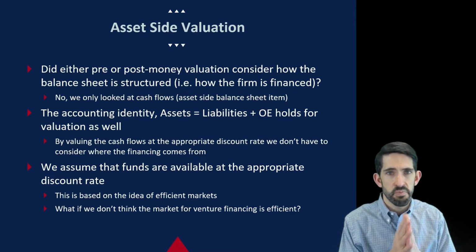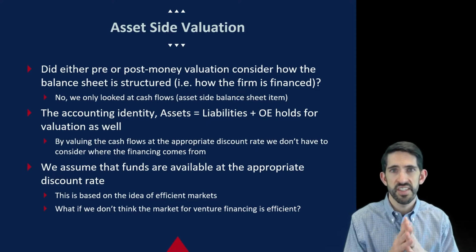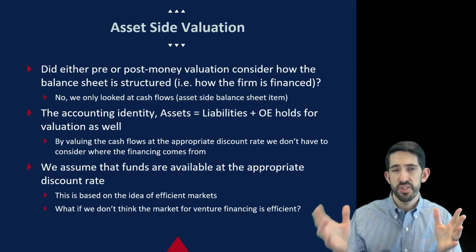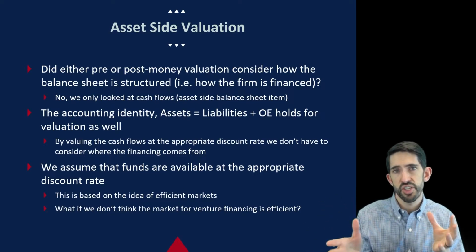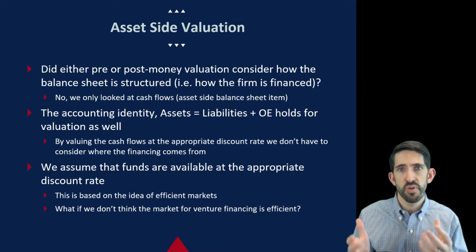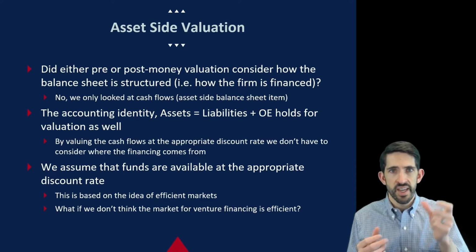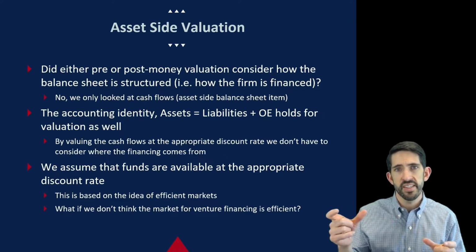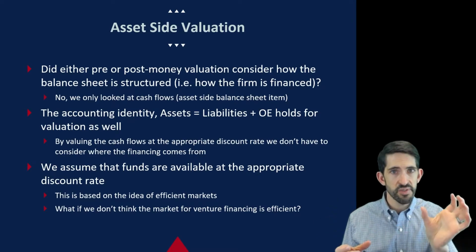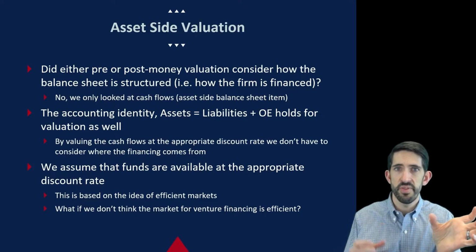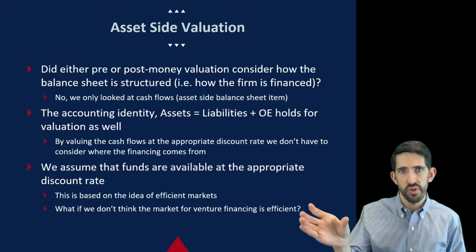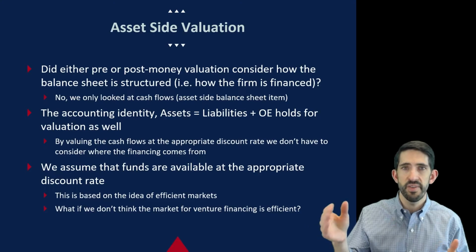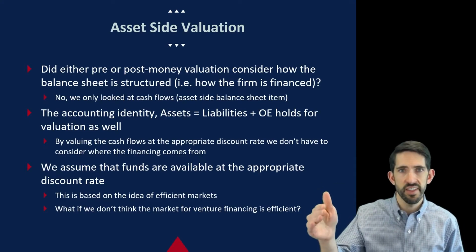Now, one thing that accounting gives us is that assets are equal to liabilities and owner's equity. That's true on a balance sheet, and it's also true conceptually with valuation. If the assets are on the left-hand side and owner's equity and liabilities are on the right-hand side, whatever the value of all those cash flows is has to be equal to the value of those liabilities and owner's equity, right? This is where we could think about splitting the value of the stock in the company versus the debt in the company.